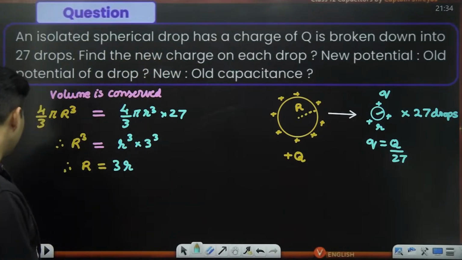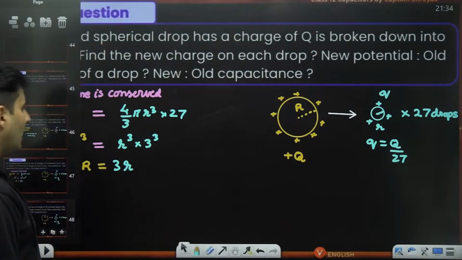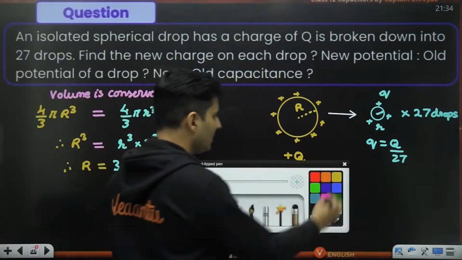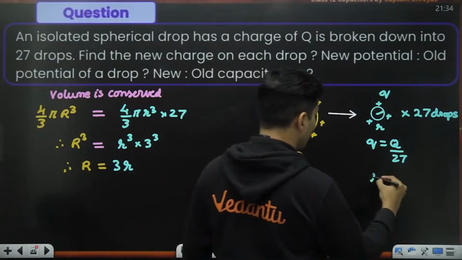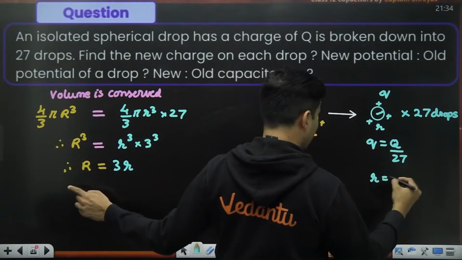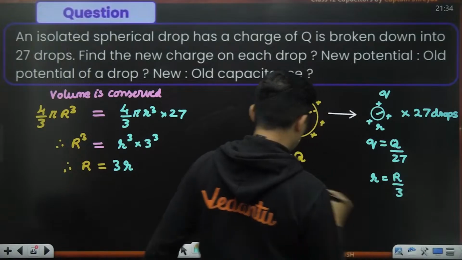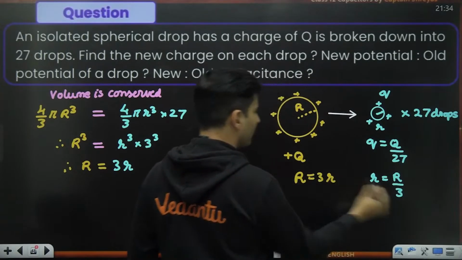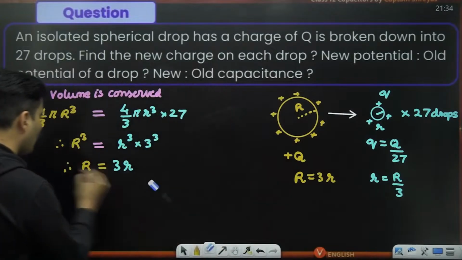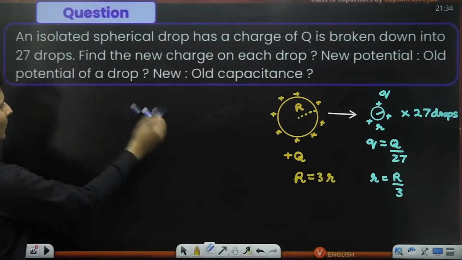How exactly? Observe now. If this is capital R, so this new radius is R by 3, or this radius is basically 3 times of small r, one and the same thing. How do I use this now?